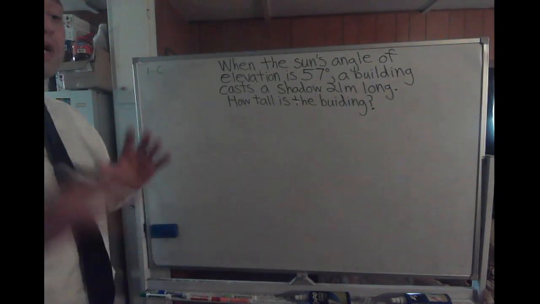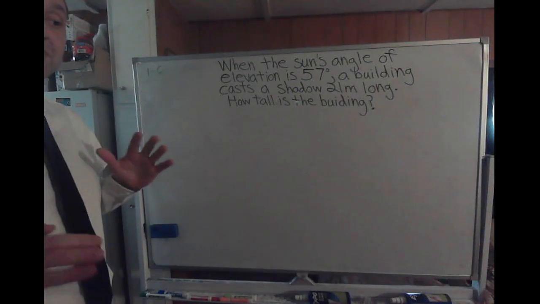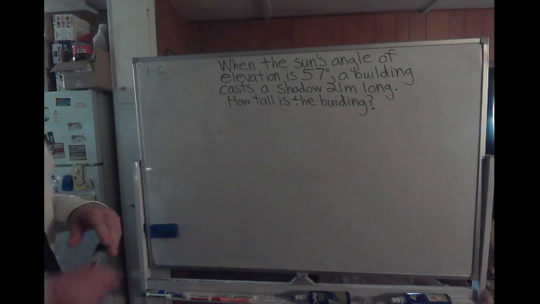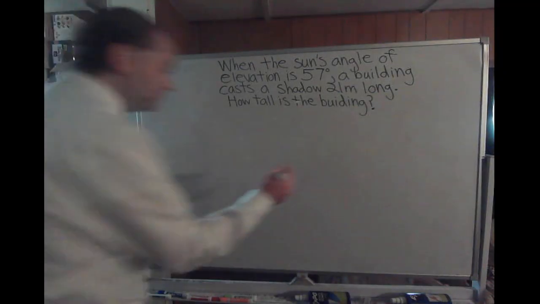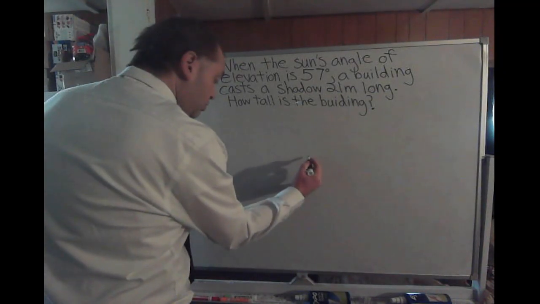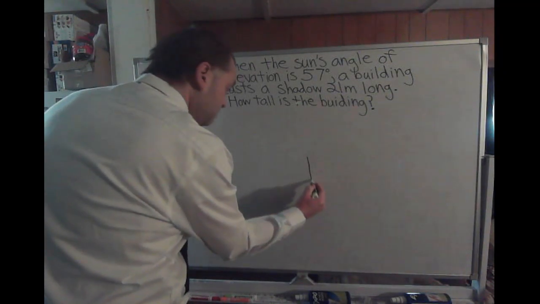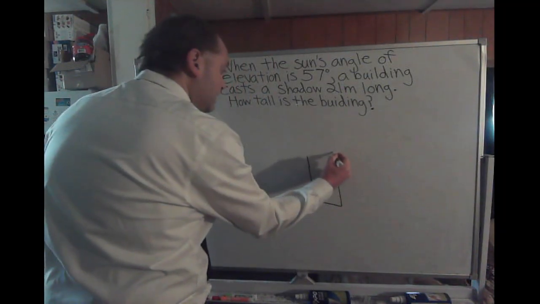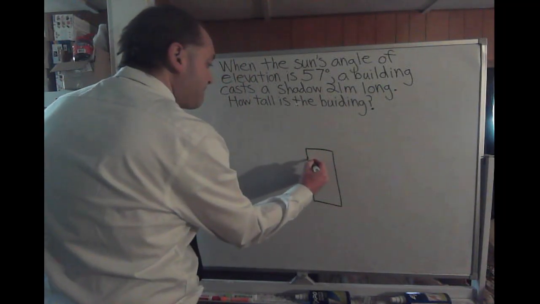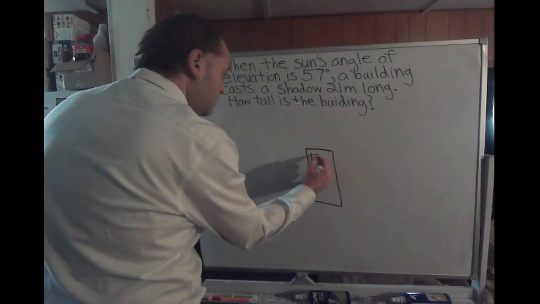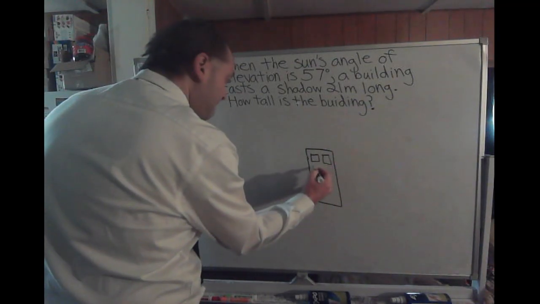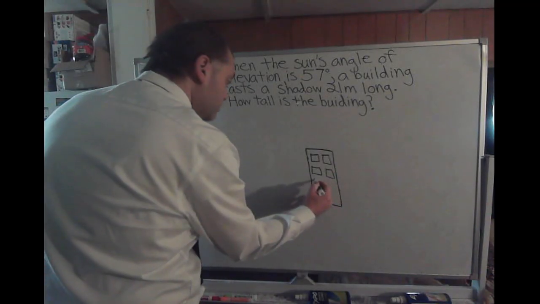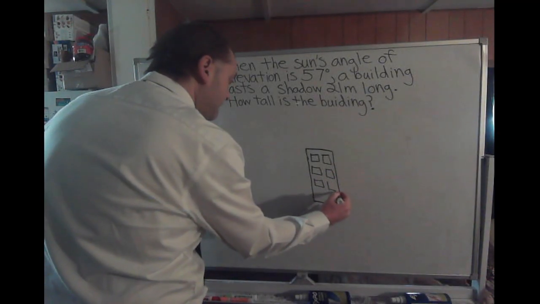So what might help first in these types of problems, like in any word problems really, draw yourself a diagram, okay? So we got the building here. We'll draw a nice building. I'll even draw some windows on it, just so we can illustrate that this is a building.